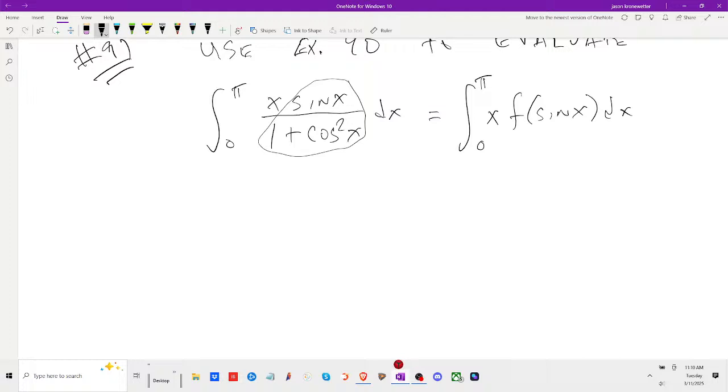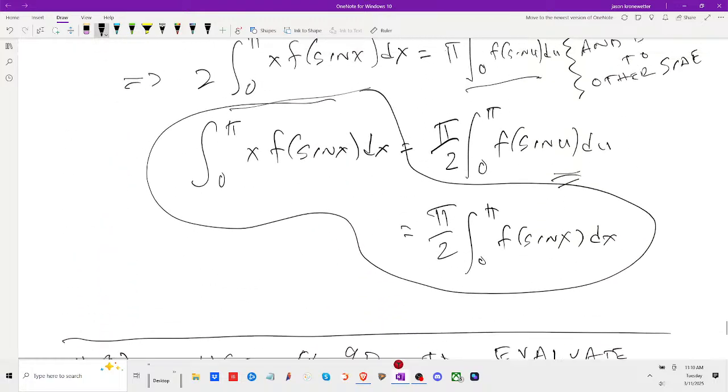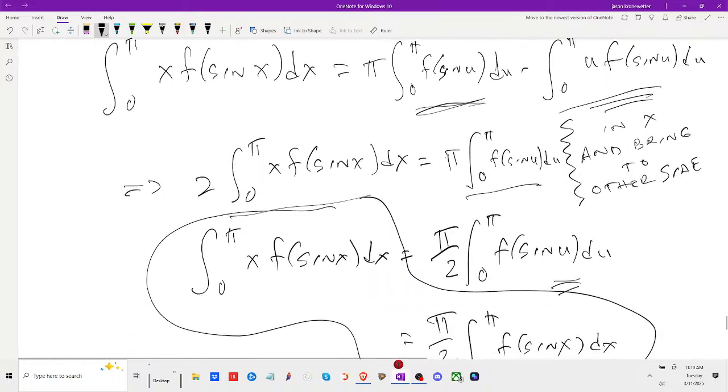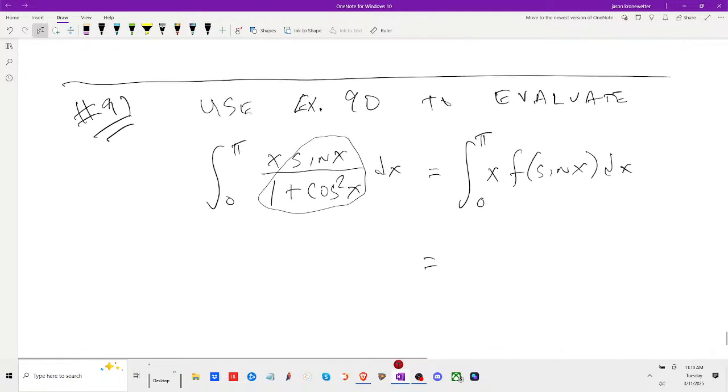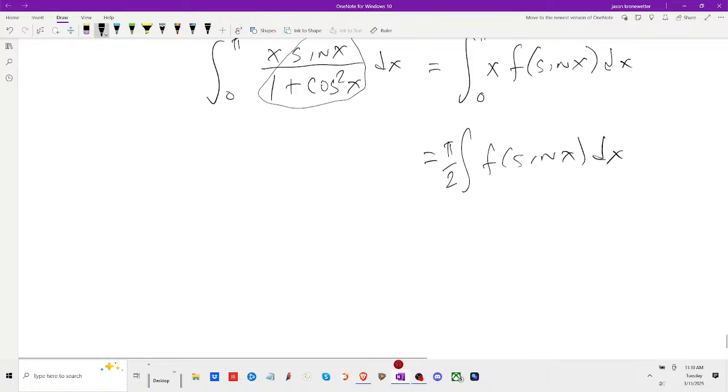All right, well, according to our exercise 90, if I go back up here, exercise 90 tells me that if I have x f of sine x, then that's pi over 2. I can remove the x in front, and I just have a pi over 2 in front instead. So this must be equal to pi over 2 times the integral of f of sine x dx.